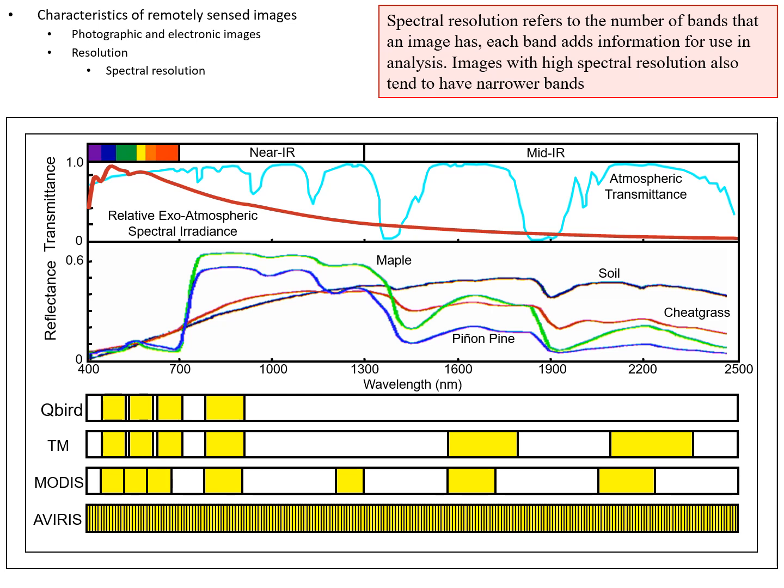MODIS, this is a sensor that differs from TM in that TM has a pixel resolution of about 30 meters. MODIS has varying pixel resolutions from 250 to 1,000 meters. And in fact, I'm sorry, there are atmospheric bands that are even coarser.